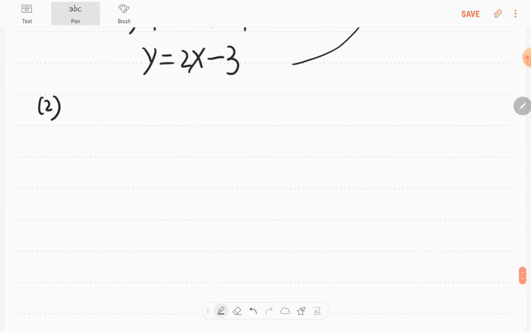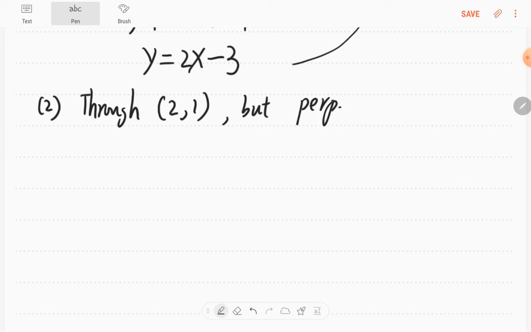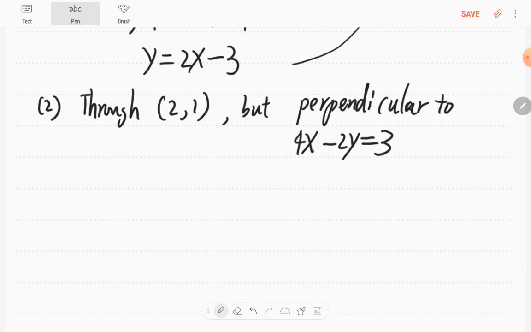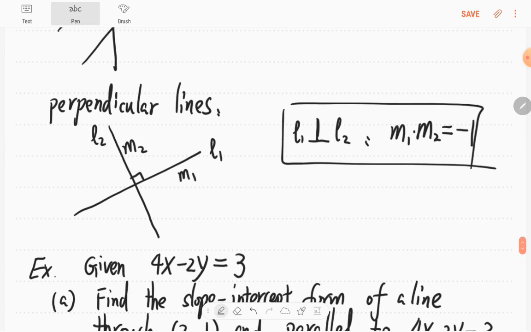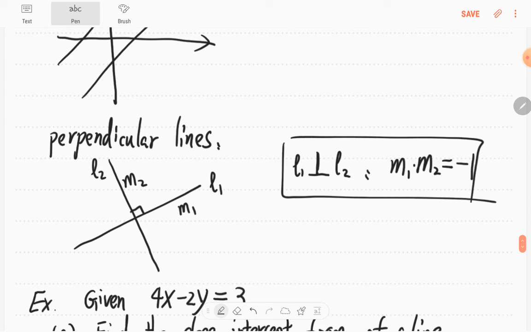The second question is, we still go through the point (2, 1), but perpendicular to the line 4x minus 2y equals 3. So for perpendicular, we want to use this condition to get the slope of our new line, right?